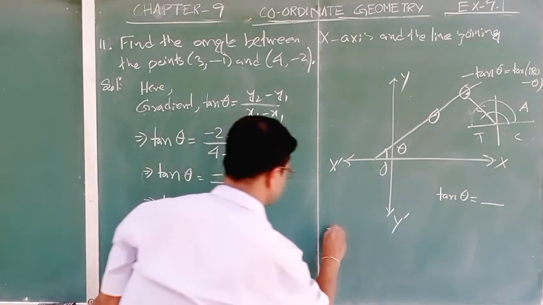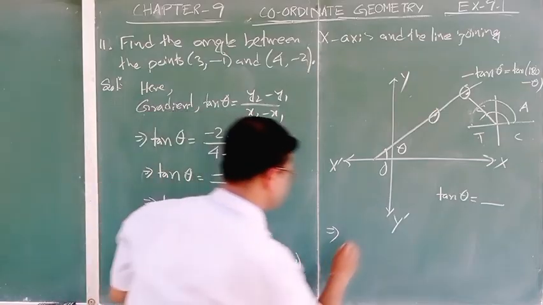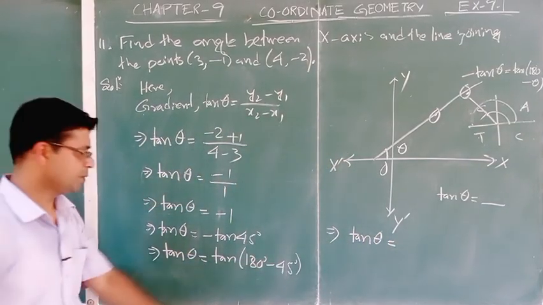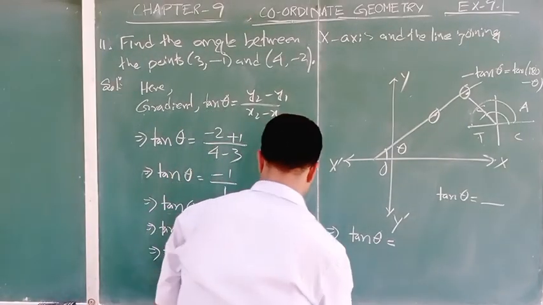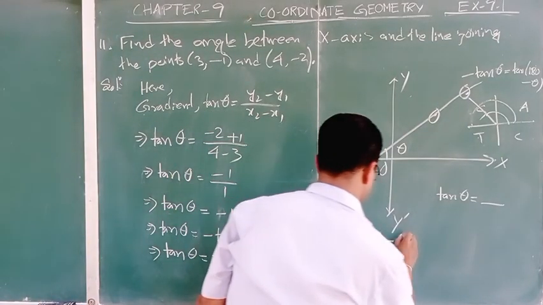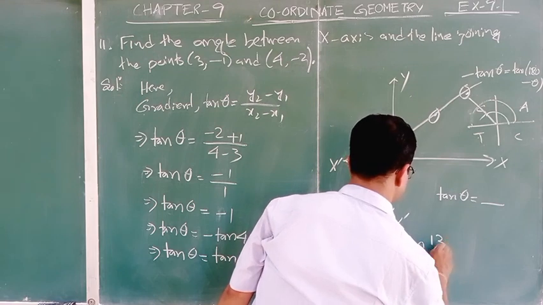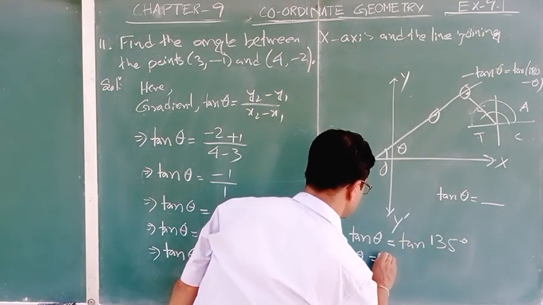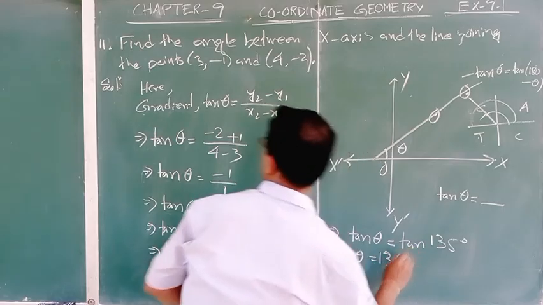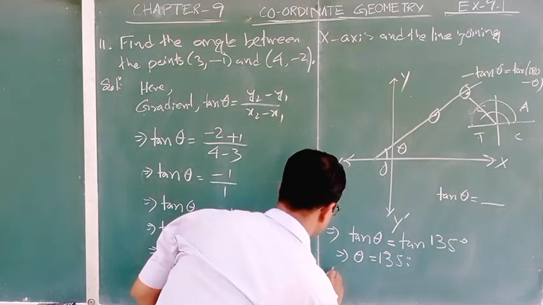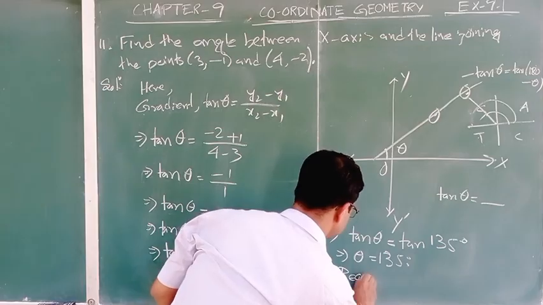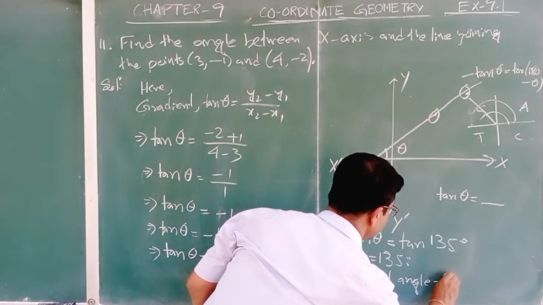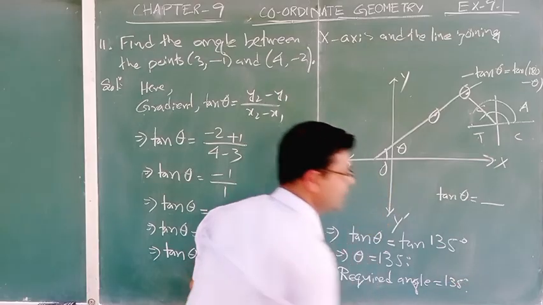Many times we did this. So tan theta is 180 minus 45. Let us find out. This is tan of 135 degree, correct? So theta is 135 degree. The question is to find the angle. Therefore the required angle is how much? 135 degree. Have you understood this?